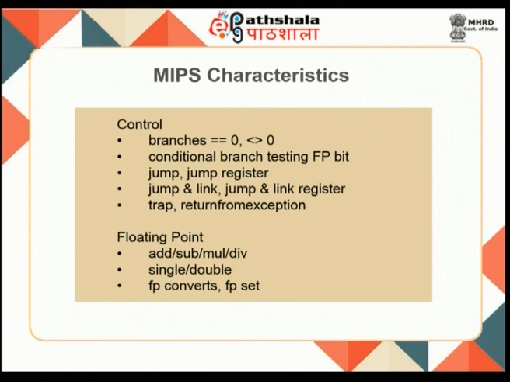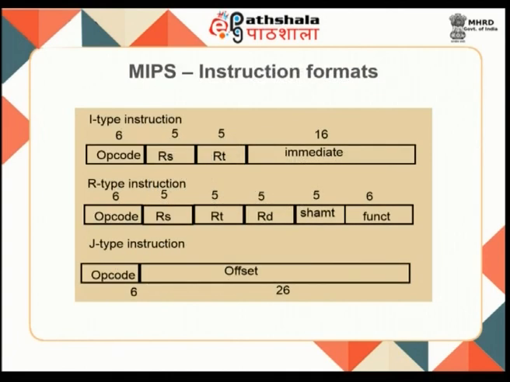And if you look at the control operations, branch on equal to or not equal to 0, you have some of these branch instructions and all the floating point operations indicated here, out of which we are only going to look at a subset of these instructions and look at how the data path gets implemented.